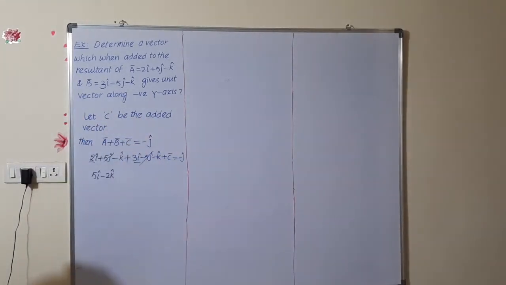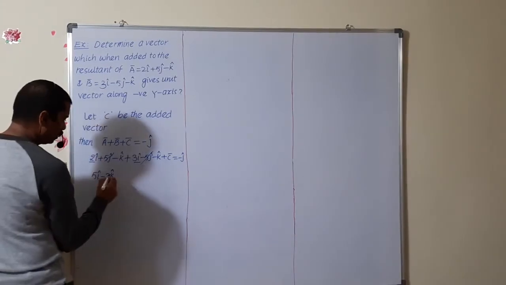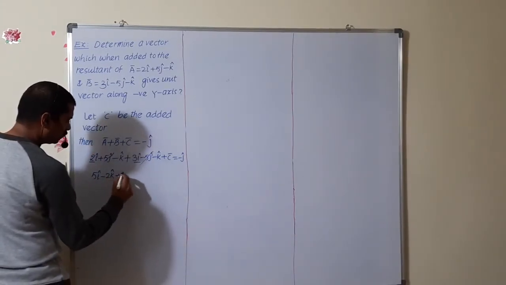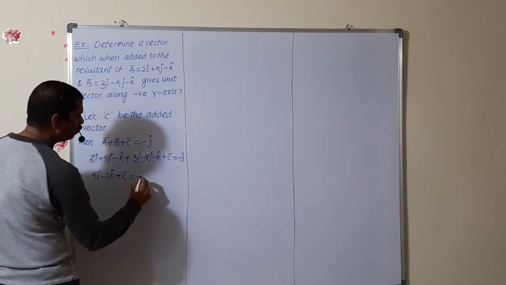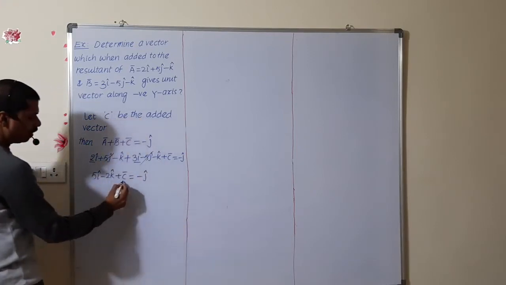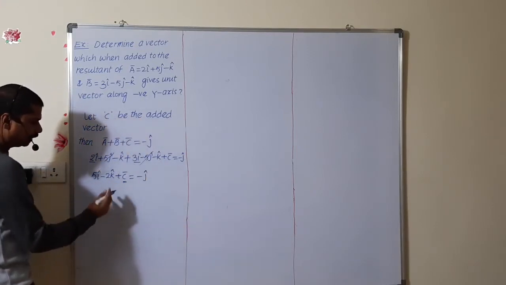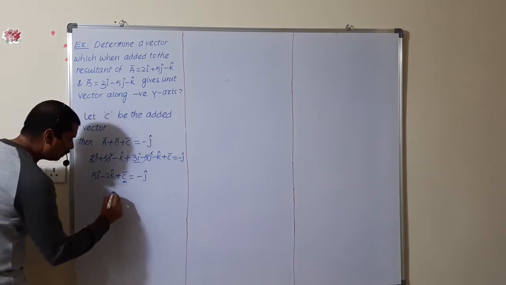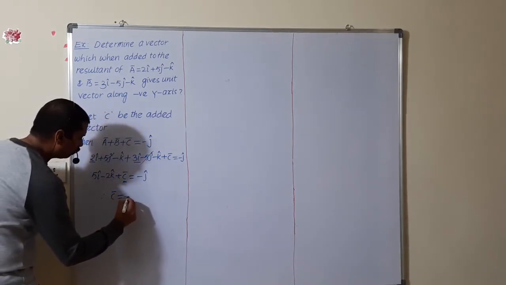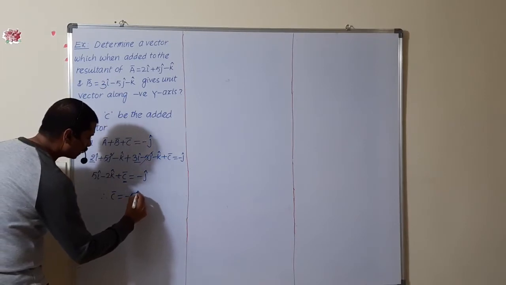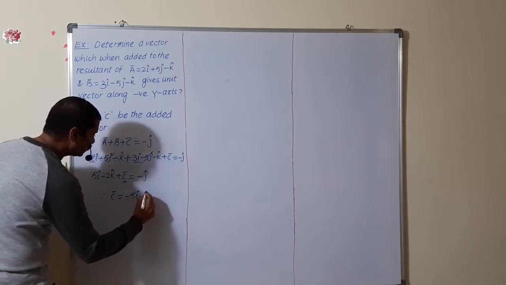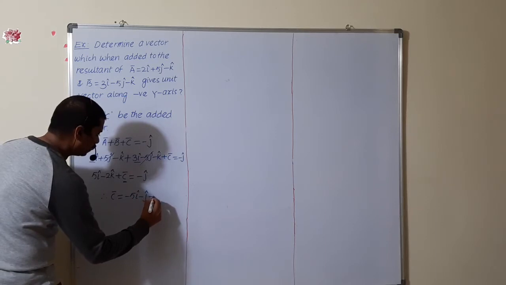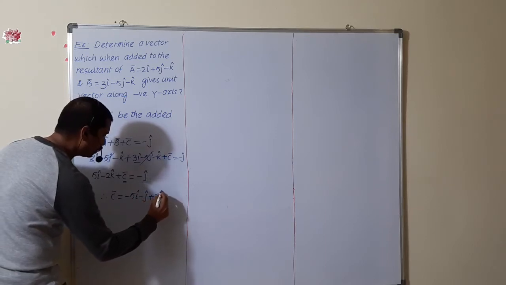Then the sum plus C vector is equal to minus j. Now I want to calculate the C vector. If I send these two terms to the other side, C vector is equal to minus 5 i cap minus j cap plus 2 k cap.